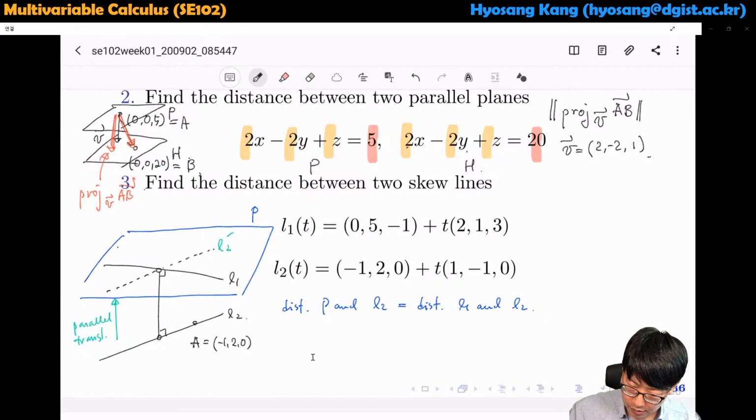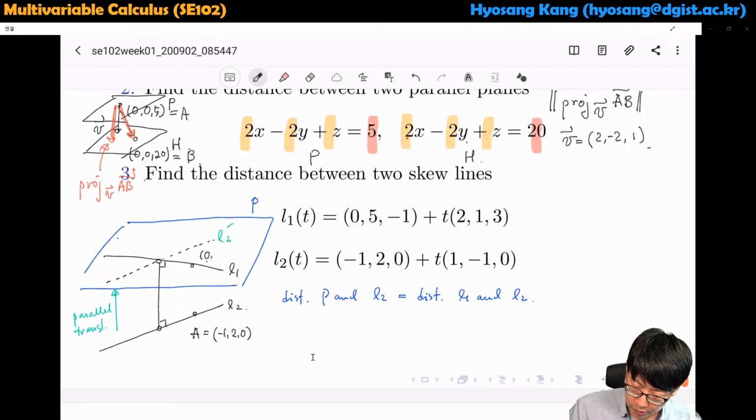And then let's pick another point inside of the plane P. I can pick a point in L1. Let's say this is point (0, 5, -1), which is B. Okay, so there is a vector A to B.